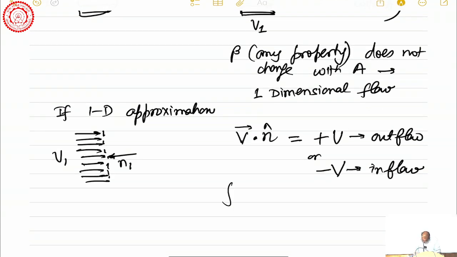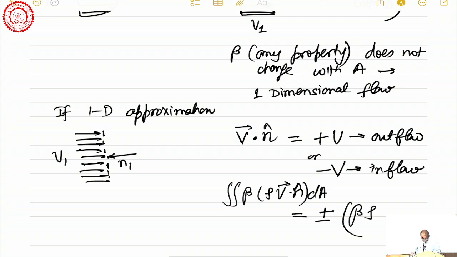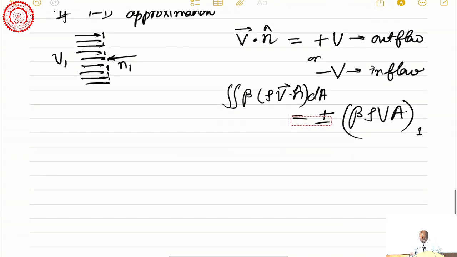And the integral of beta rho v dot n dA will be equal to plus or minus beta rho times v times A at the boundary 1 or 2.